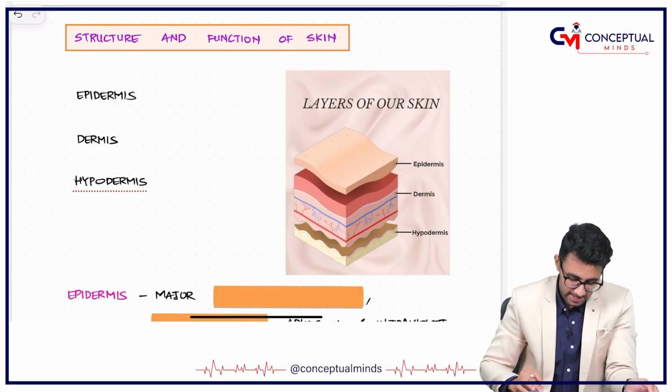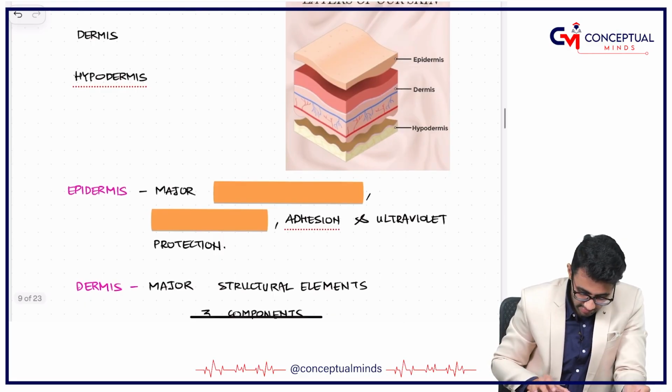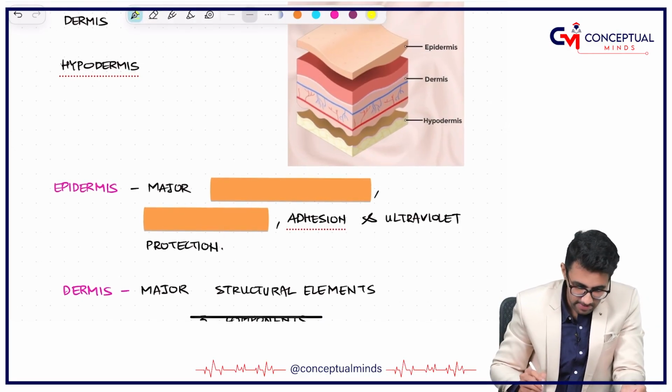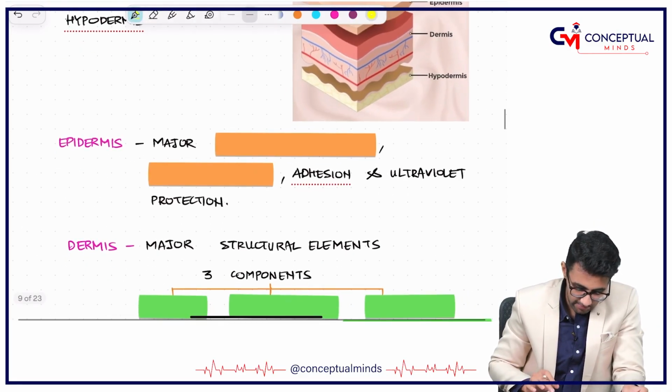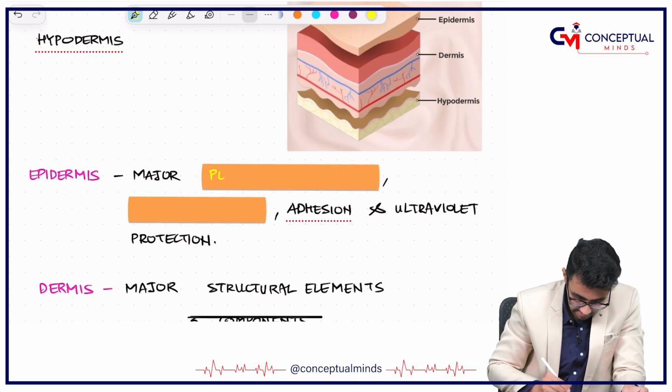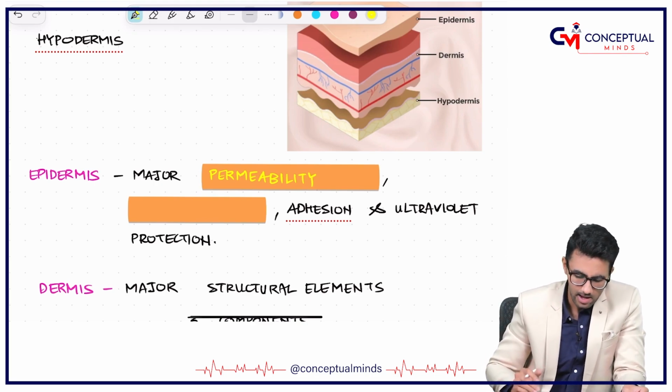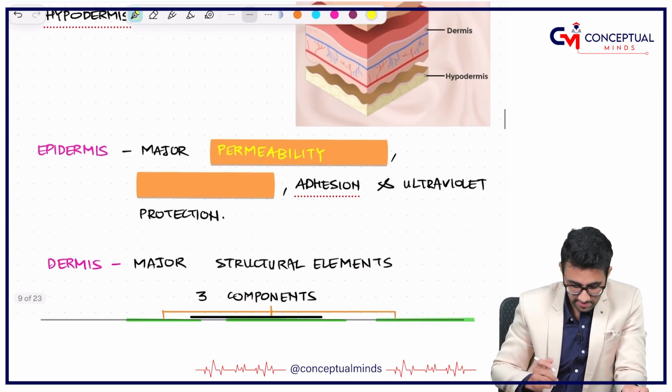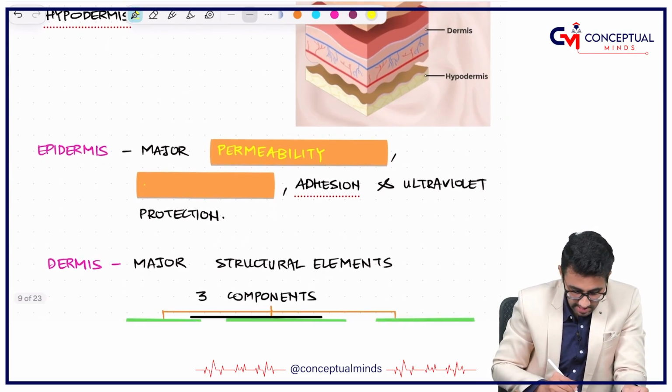So let us just write it down. Epidermis: the major function is it would provide permeability. It will give us a good permeability, and the next one is it would give us a good innate immunity.